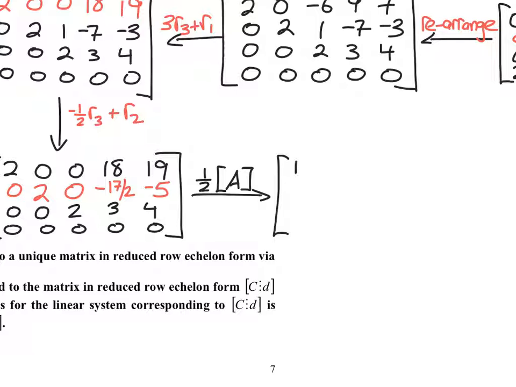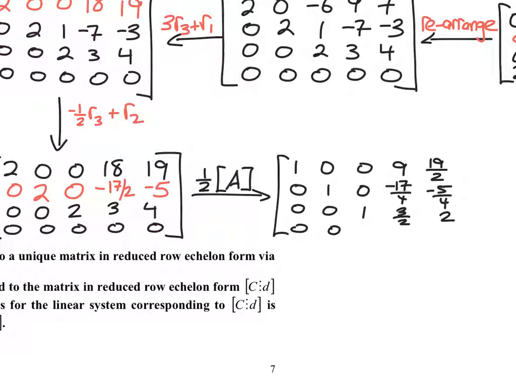So 1, 0, 0, 9, 19 halves. 0, 1, 0, negative 17 fourths, negative 5 fourths, 0, 0, 1, 3 halves, and 2, 0, 0, 0, 0, 0. Shouldn't it be negative 5 halves?